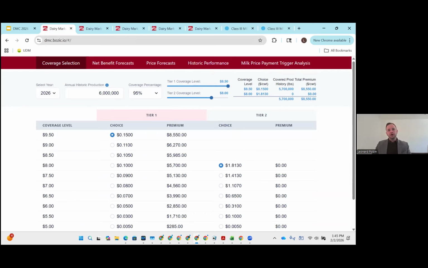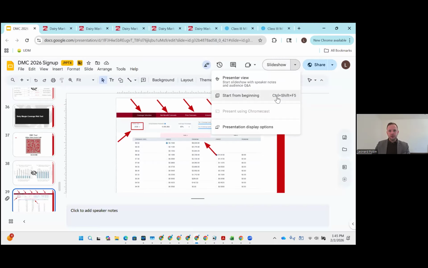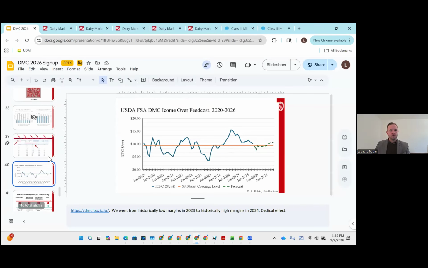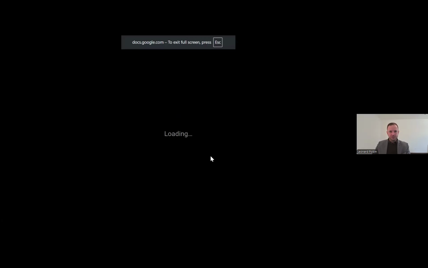So I encourage you to play around with it and see where your total premium would be, your covered production, how much it will cost, all of these things. I think that's a good way to take a look at your operation and what might be the best choices for you going forward.